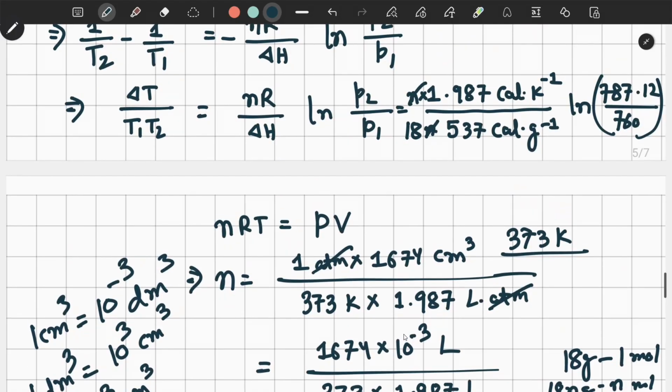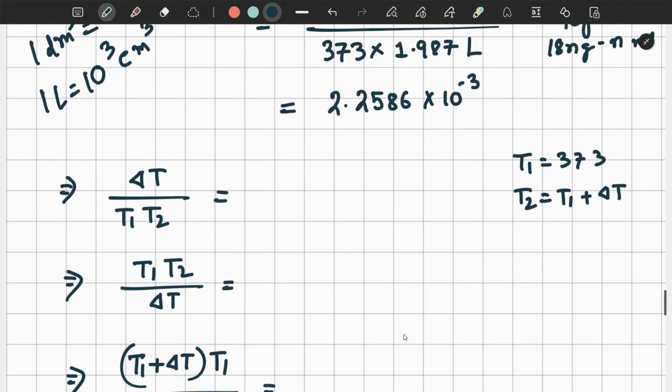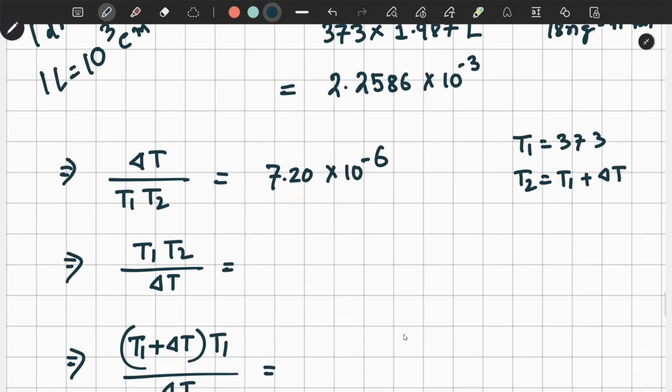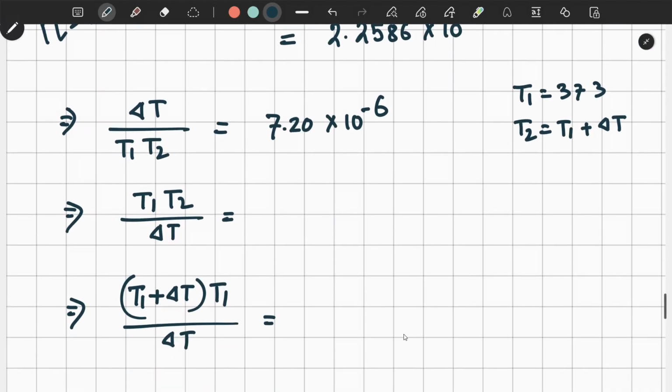So this calculation will now be ln, 7.20 into 10 to the power minus 6. Let's check whether it is correct or not.